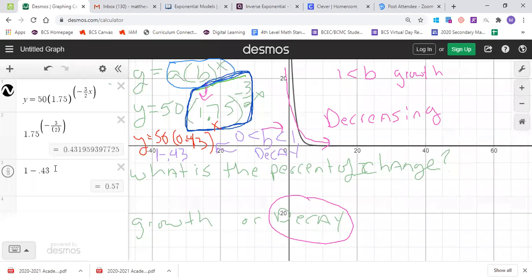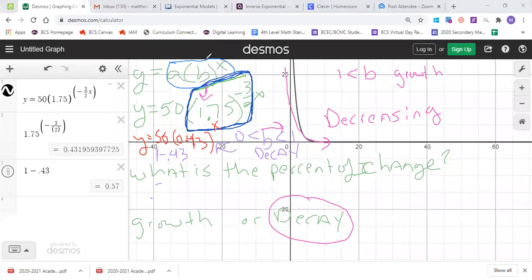And remember, when we deal with decimals, we just multiply by 100 because we want the percent of change. That brings us to a 57% decrease, or we can say 57% decay is what is taking place.